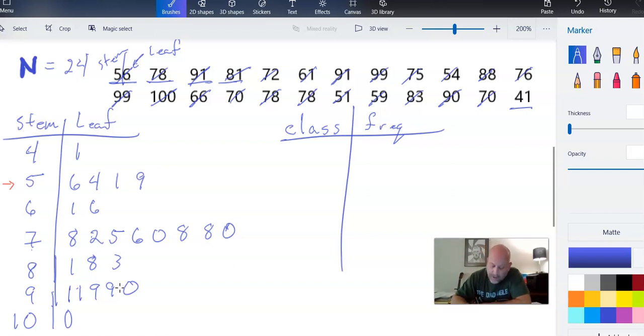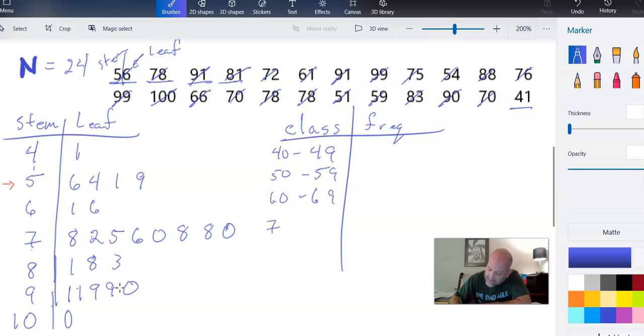Okay, so here, if it starts with 40, that means that this class goes from 40 to 49. The 50s, this one goes from 50 to 59. 60s go from 60 to 69.